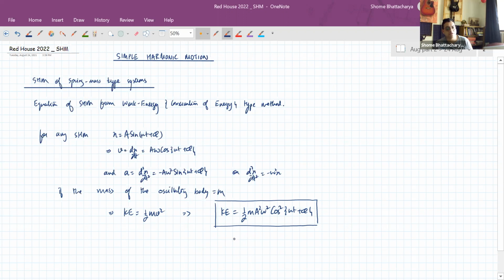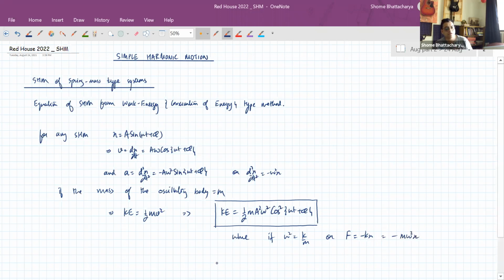In this expression, omega square is equal to k by m, or F is minus kx, this kind of relation.